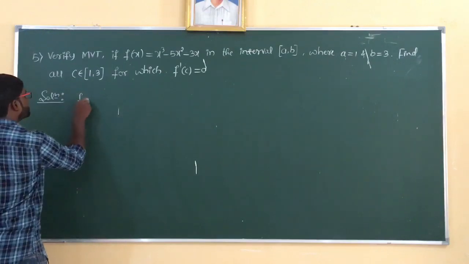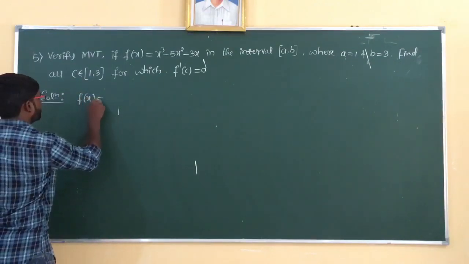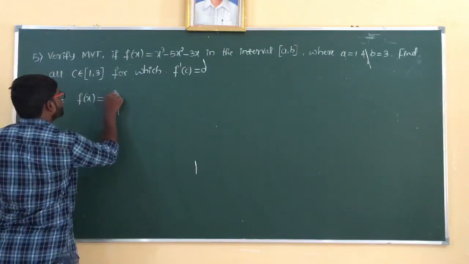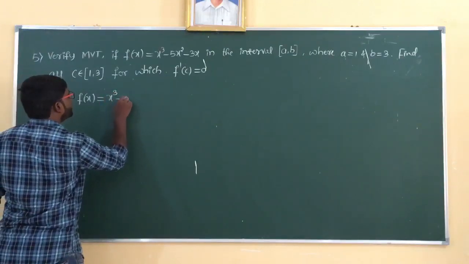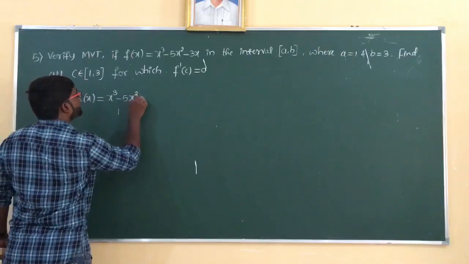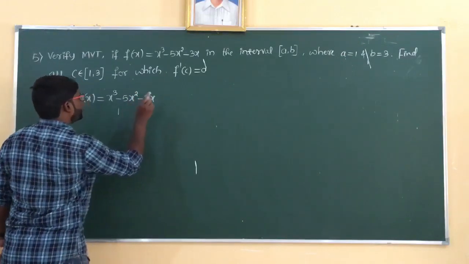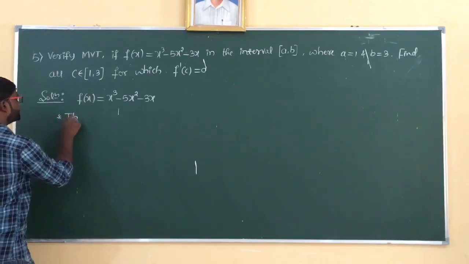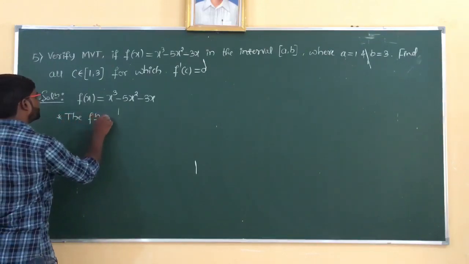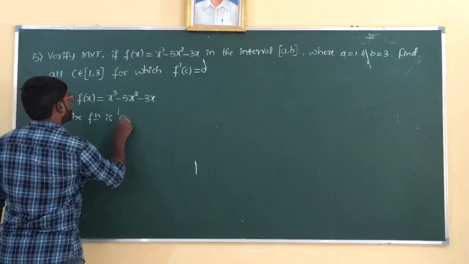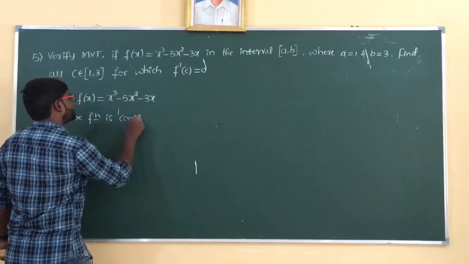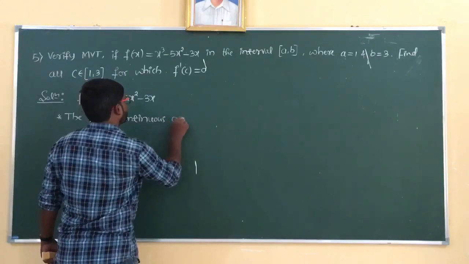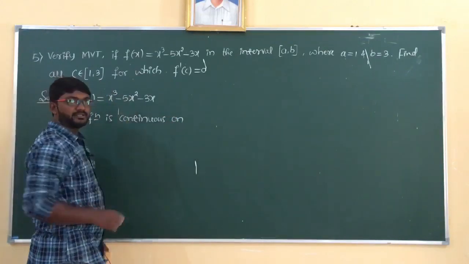The given function is f of x which is equal to x cube minus 5x square minus 3x. Now the first point: the function is continuous on closed interval 1 comma 3. Here the function is a polynomial function.